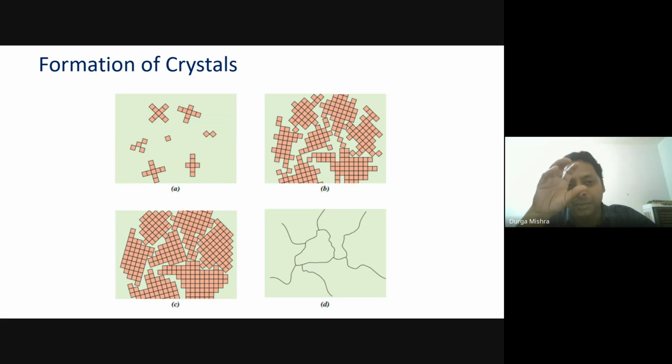In the beginning I said that when we talk about material science, we have components: processing, structure, and properties. Structure we have seen, from atomic bonding onward, and by arranging these atoms in a regular way you create these crystals. But how this crystal formation happens, this is a schematic representation of that.